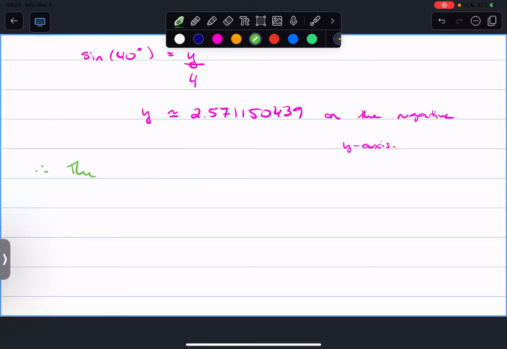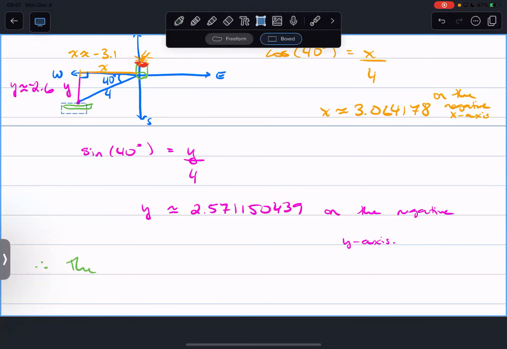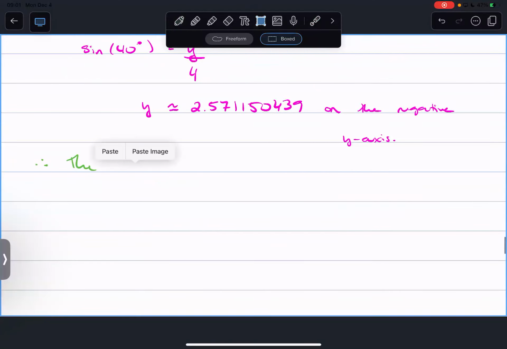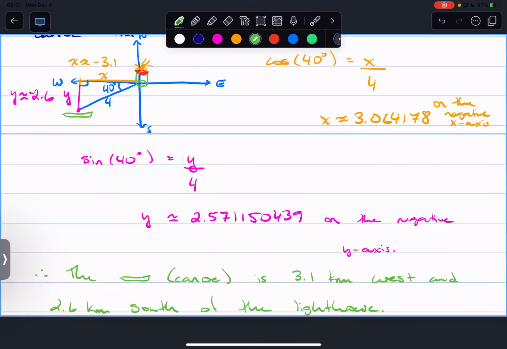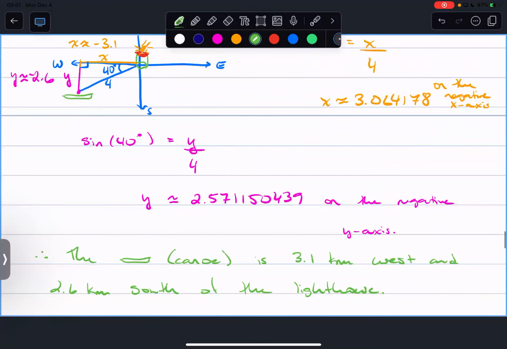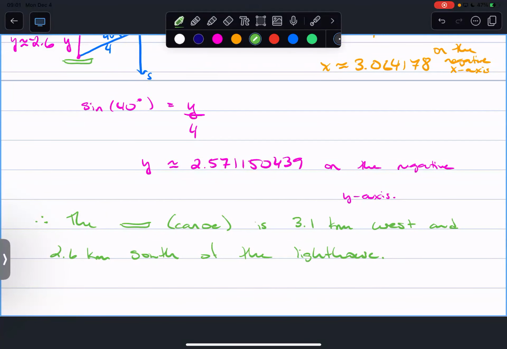Therefore, the canoe is 3.1 kilometers west and 2.6 kilometers south of the lighthouse. Ta-da!